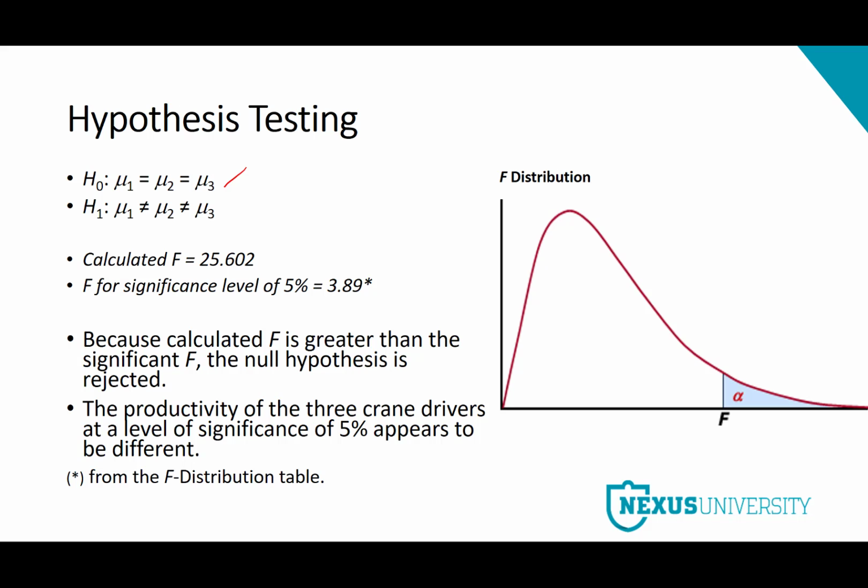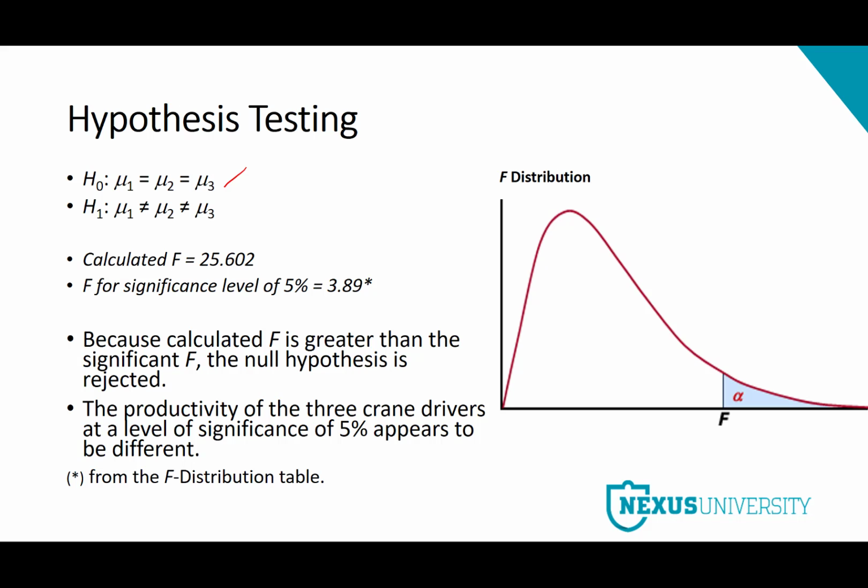We calculate F by using the analysis of variance and obtain the number 25.602. When we look at the F distribution table, which is also part of the appendix of the notes, we see that the F for a significance level of 5% is 3.89.